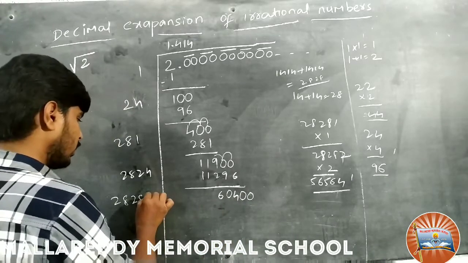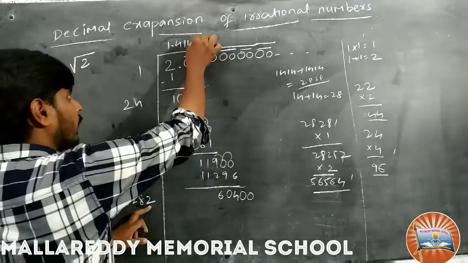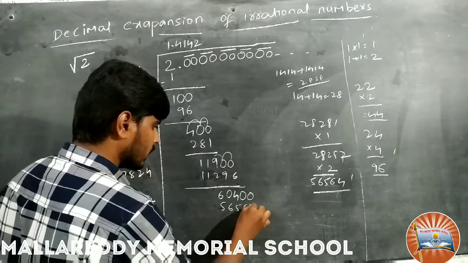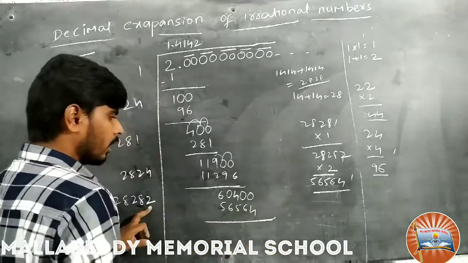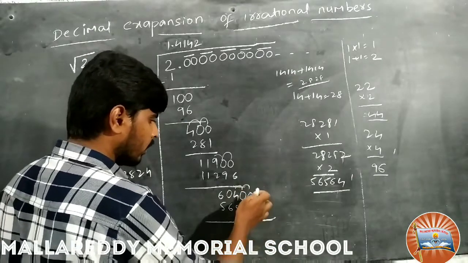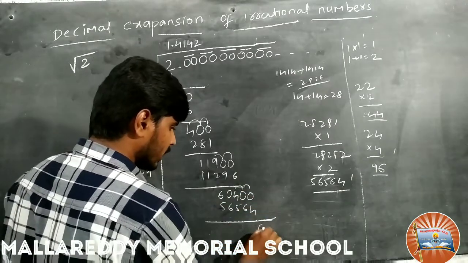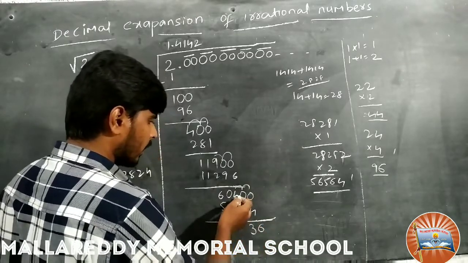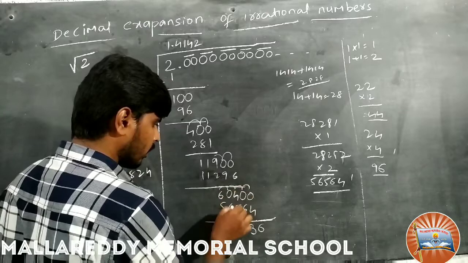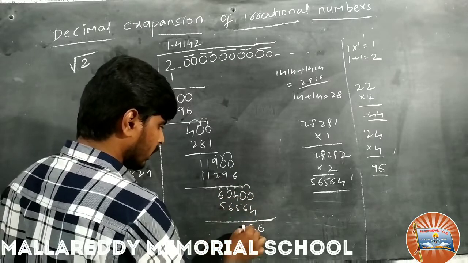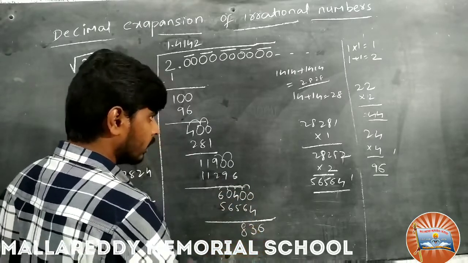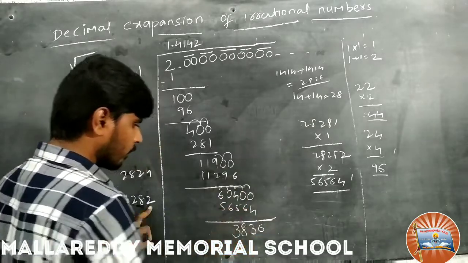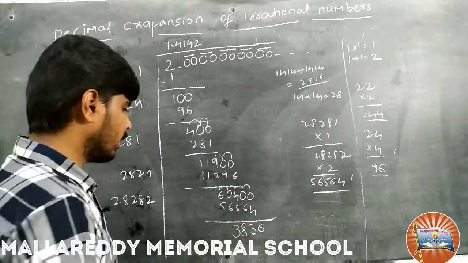So take 2 here and write down 2 here. It becomes 56564. Borrow from here. 10 minus 4 is 6. 9 minus 6 is 3 and it is 3. Borrow from here. 13 minus 5 is 8. Next 9 minus 6, 3. 3836 is the remainder.